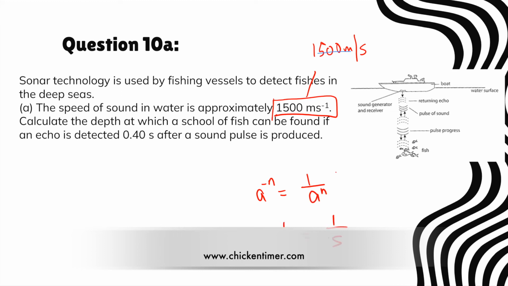Like that, s to the power minus 1 is 1 over s. So 1500 meter s minus 1 is the same as 1500 meter 1 over s. So meter per second and meter s minus 1 are the same thing. It's just that certain books write it in this manner and other books prefer the other way.